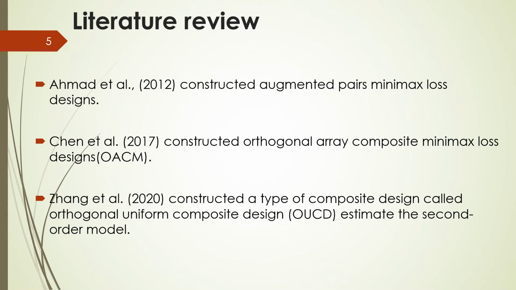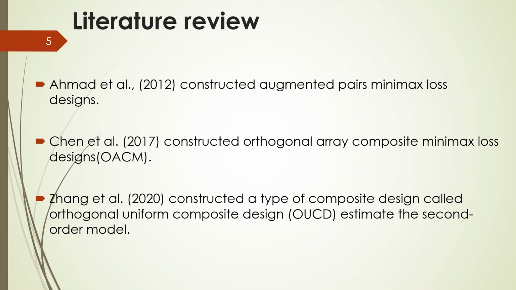The next one is that of Chen et al. 2017, who constructed a robust orthogonal array composite design and called it orthogonal array composite minimax loss design, and it was found that this design was more robust to a missing value and also performed better in terms of efficiency compared to the original orthogonal array composite design.